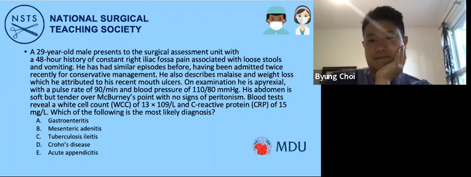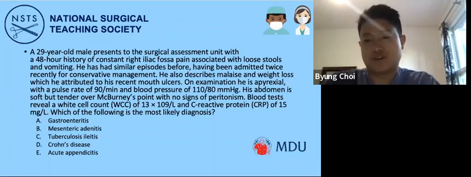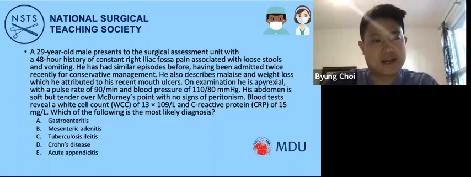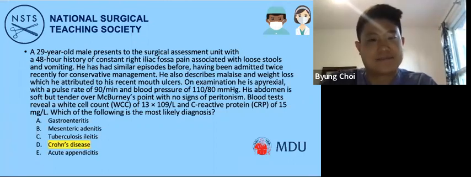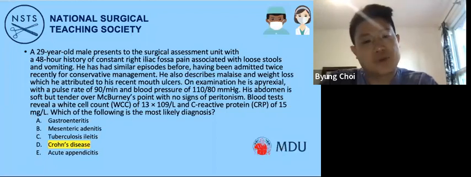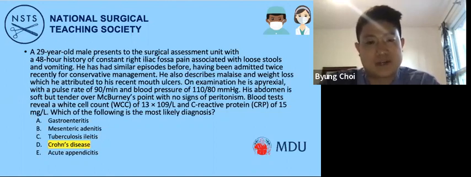Great. So most of you went for D, Crohn's disease, and that's the correct answer. With this question, again, you just need to fit the clinical picture with the signs and symptoms and any context in terms of their background.